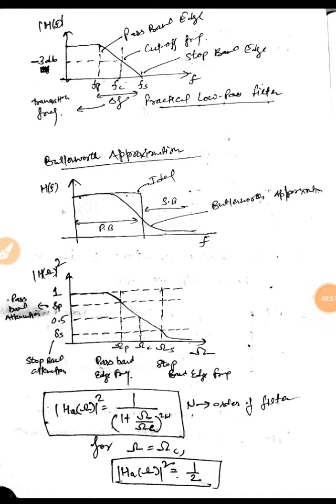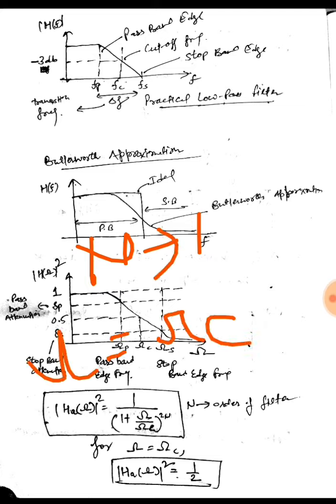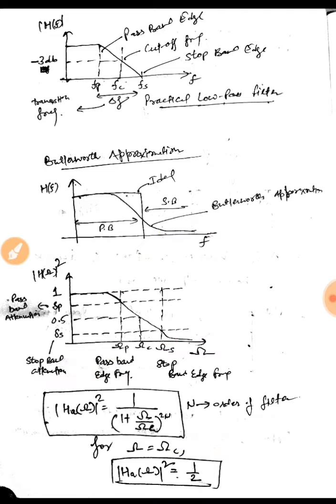If it is a first order low pass filter, then n would be 1. And at the cutoff frequency, that is omega is equal to omega c, this is the energy spectral density, so it would come out to be 1 by 2 for a low pass filter.